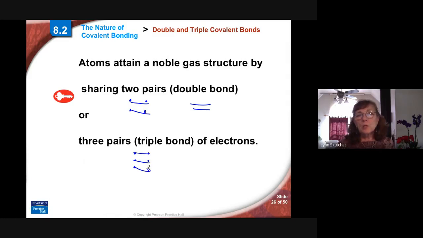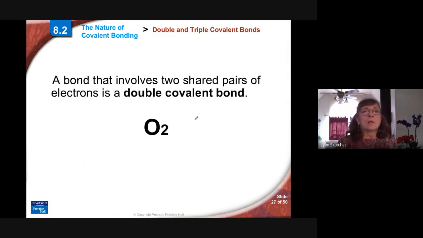Okay? So again, a single bond is just 1 from one atom, 1 from the other, and we can draw that as 1 line if you're doing a structural diagram. If it's a dot diagram, you got to put the dots. All right, oxygen. Oxygen has 6, right, 2 available bonding sites.